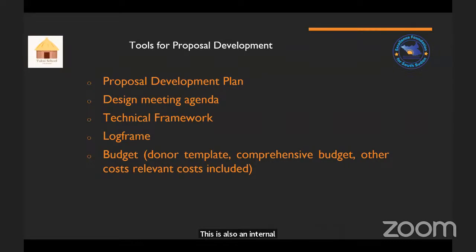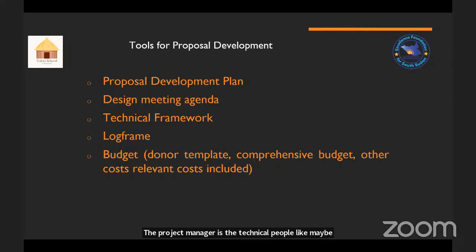So when you are doing your design meeting, project concept note, whatever, a design meeting for that project, make sure all these stakeholders are there: finance is there, the project manager is there, technical people, like maybe your advisor for education programming.